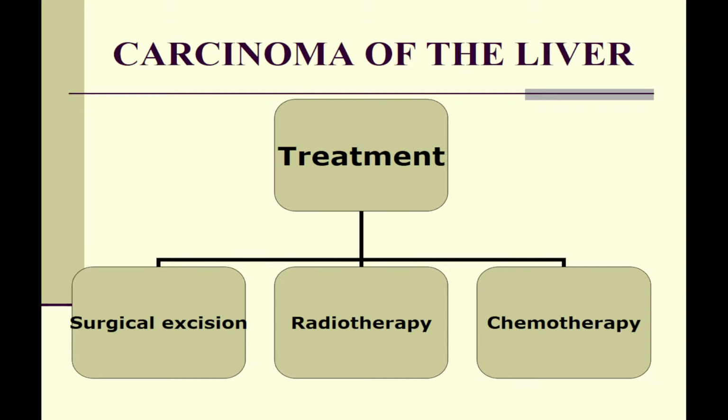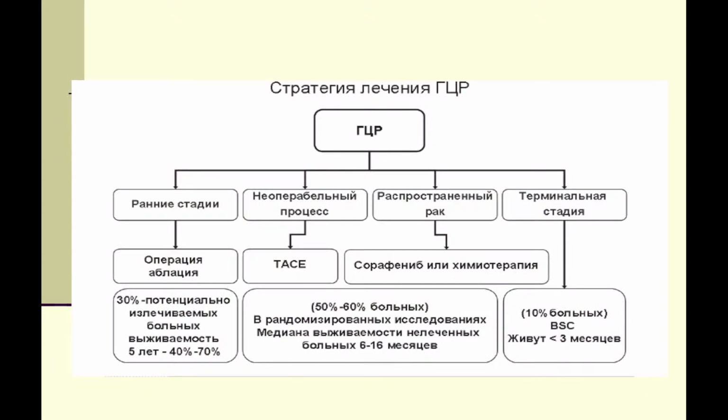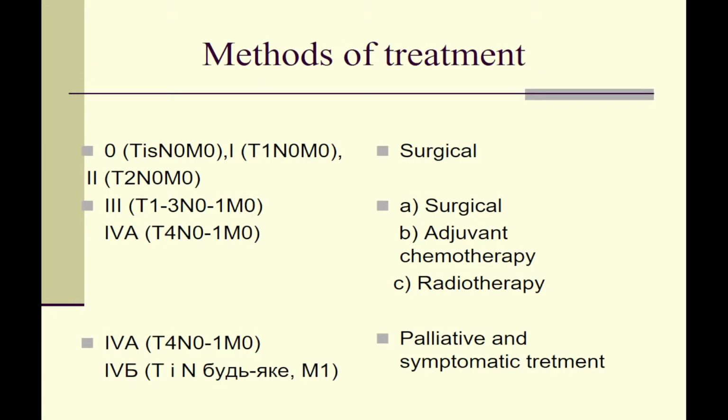Treatment of carcinoma of liver is divided into three types of treatment: surgical excision, radiotherapy, and chemotherapy. What can we tell?